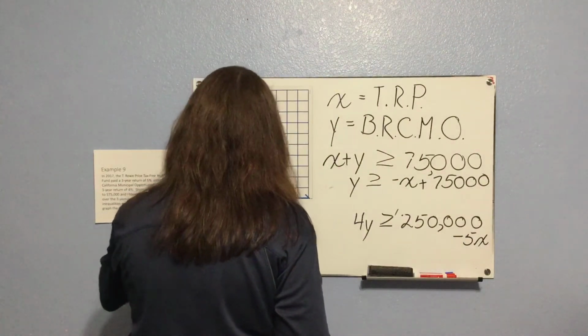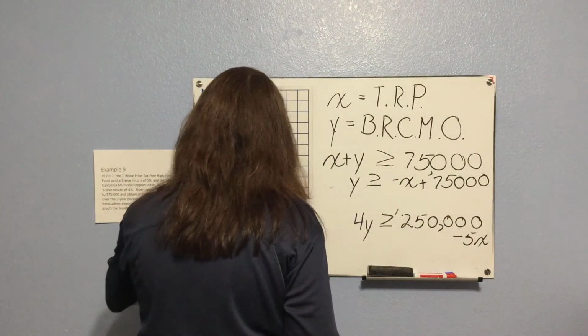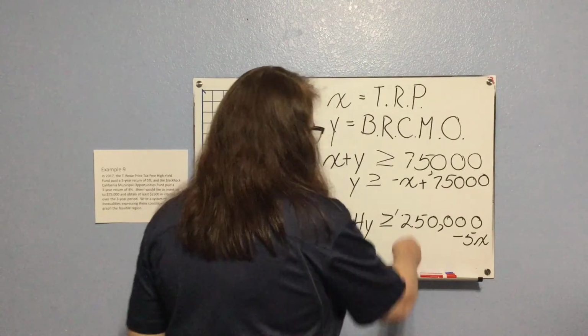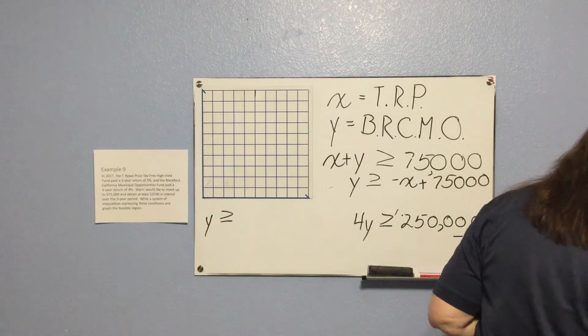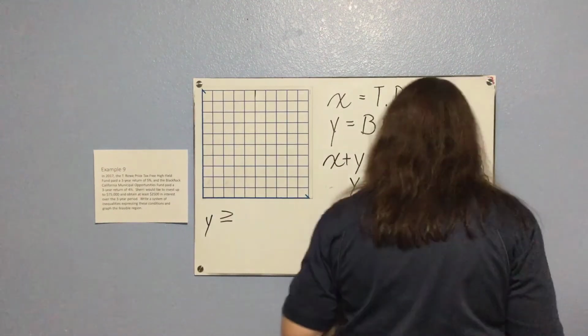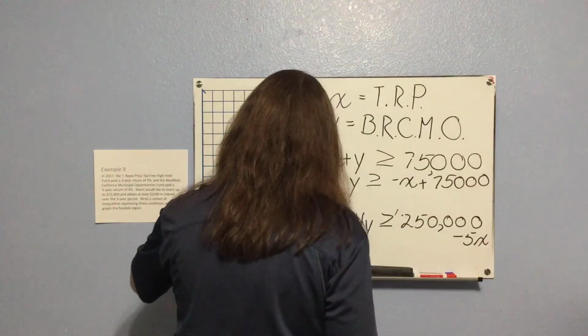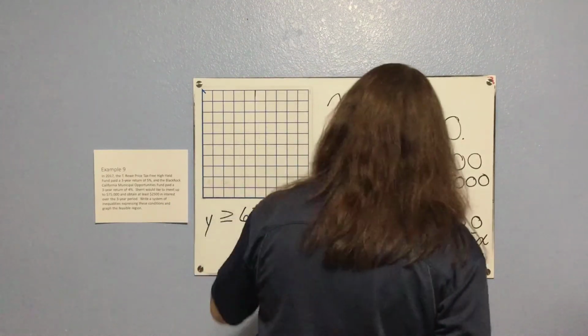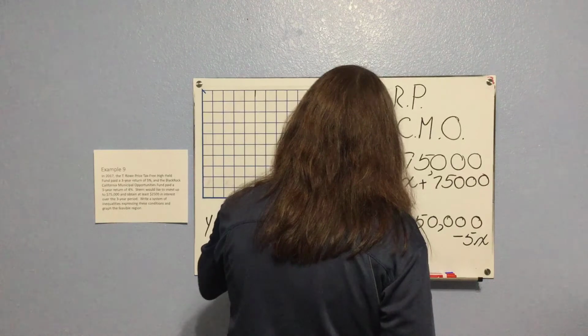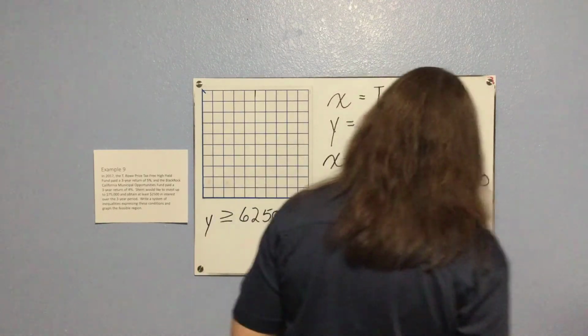And I got y greater than or equal to 250,000 divided by 4, which is 62,500, minus 5/4 x.